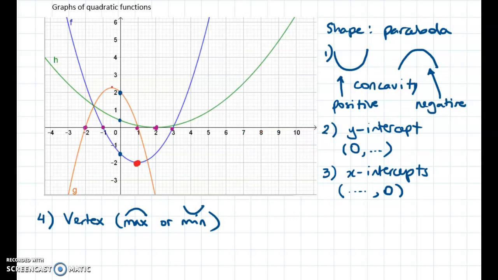For the orange one, the maximum, so the vertex, is going to be more or less at, it looks from the picture, the x-coordinate is negative 0.5 and the y-coordinate like 1.42 maybe. And for the green one, the minimum point is the point that we also said was the x-intercept.